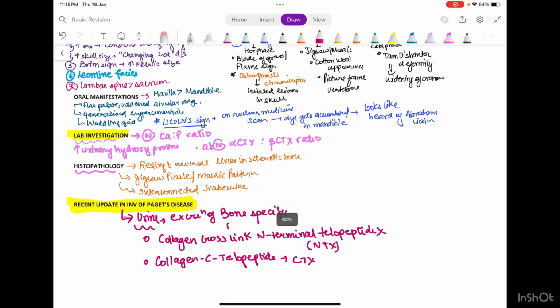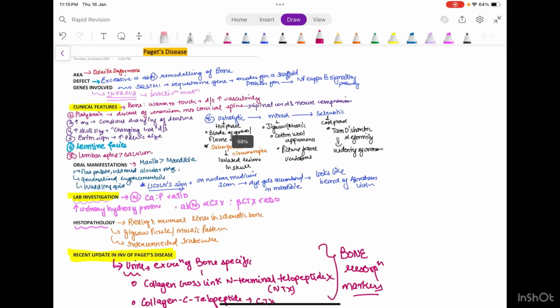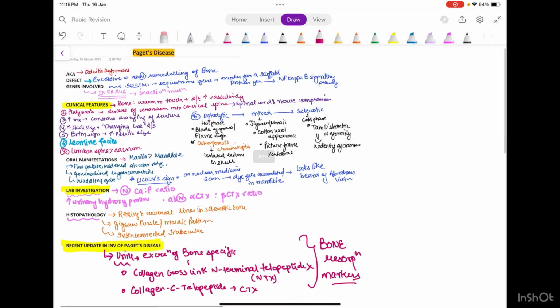Now this is CTX. Now what are these? These are bone resorption markers. All right. So this is all that you need to know about Paget's disease.